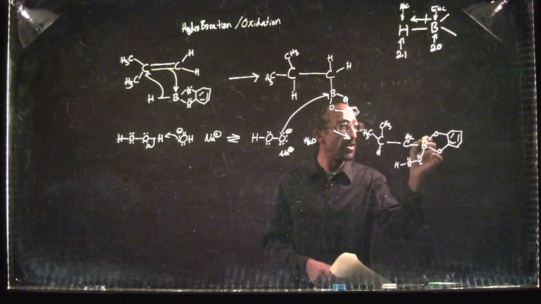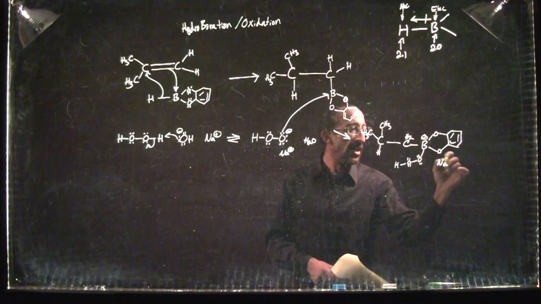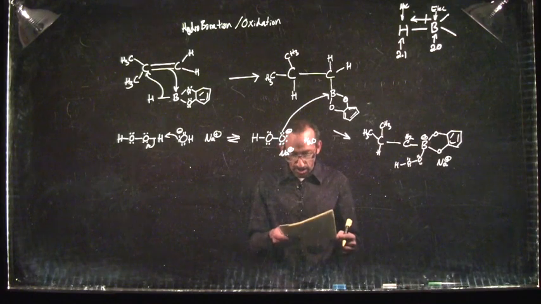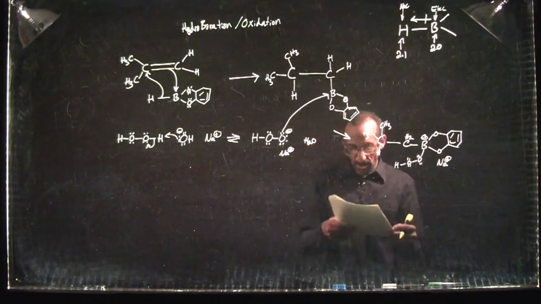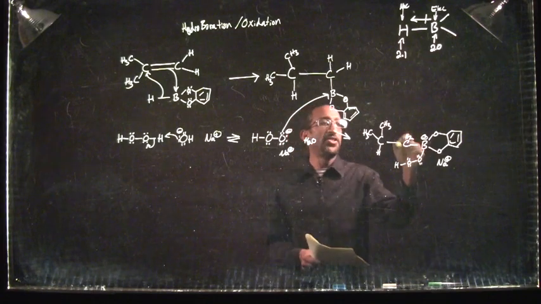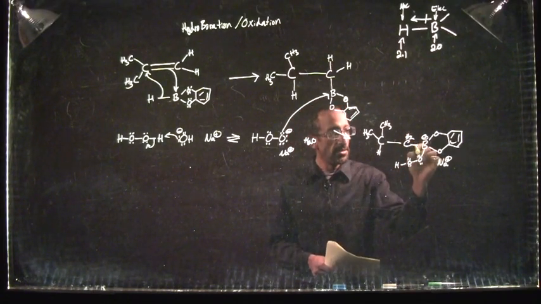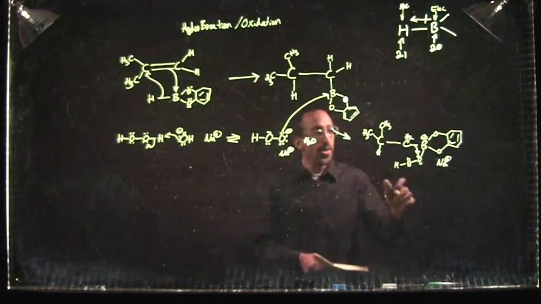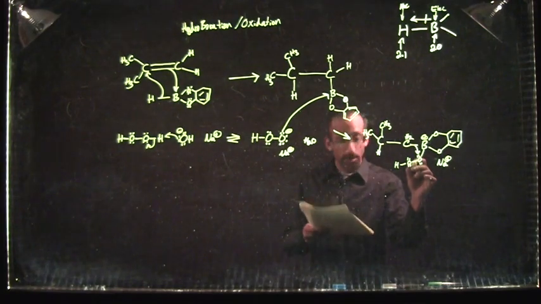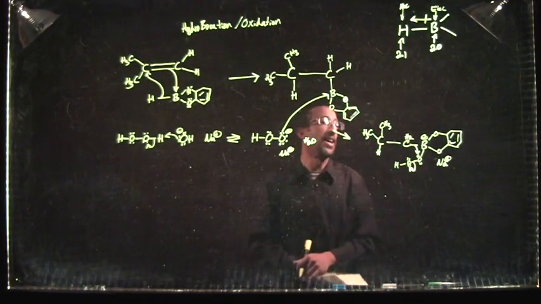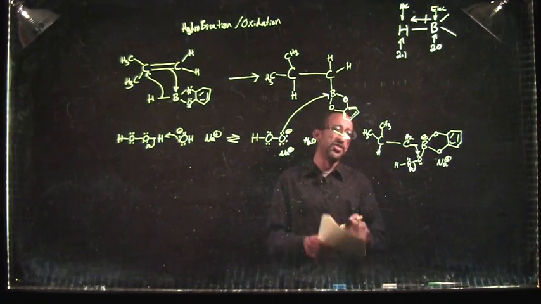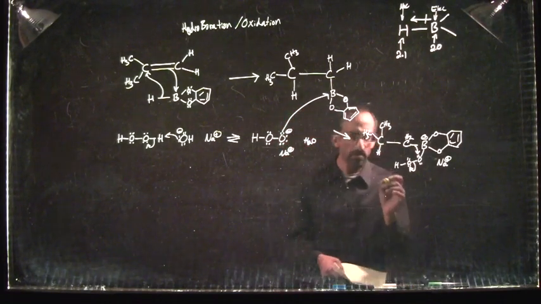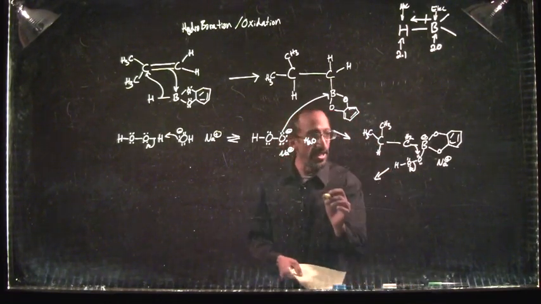The oxygen from the hydrogen peroxide bonded to the boron, and we still have that sodium cation to balance off all of our charges. Once this occurs, this CH2 group will migrate to the oxygen bonded to boron from hydrogen peroxide. When that occurs, that pushes out OH minus. And yes, I know OH minus is a bad leaving group. This is one of the rare instances where we actually do get to push it out as a leaving group to give us a new intermediate.